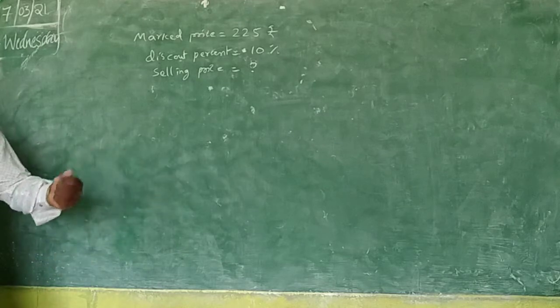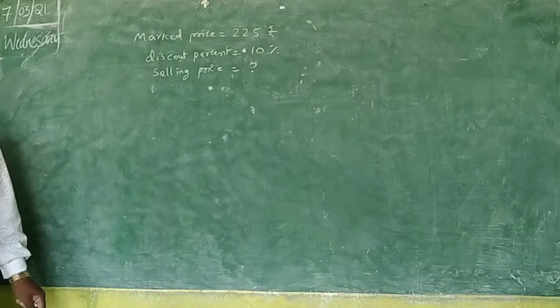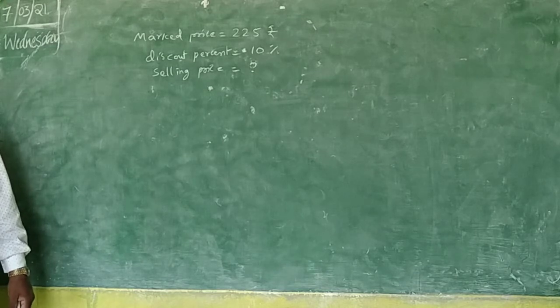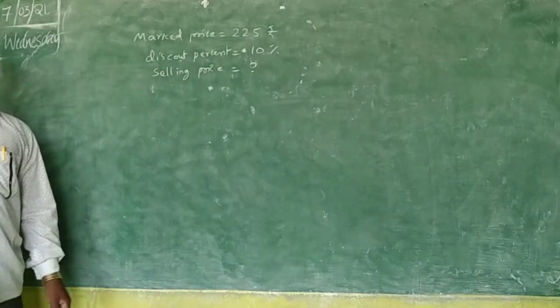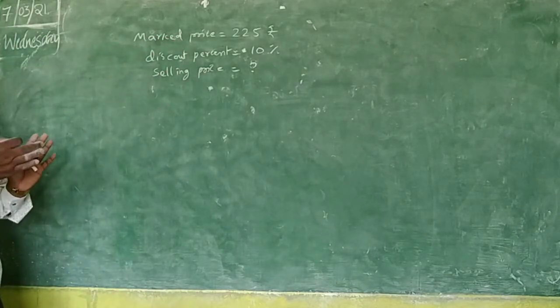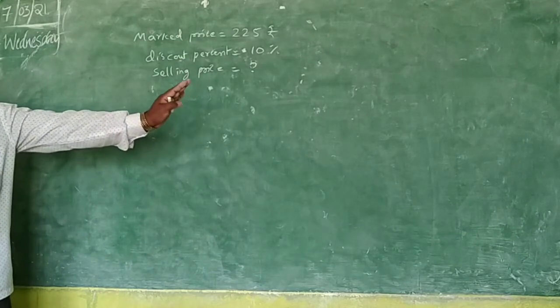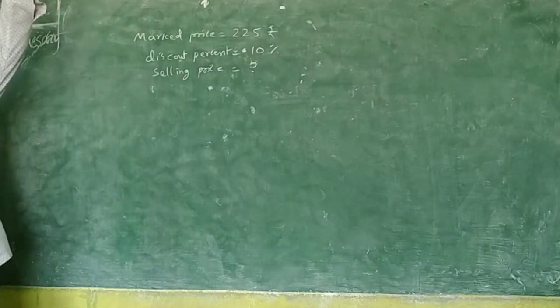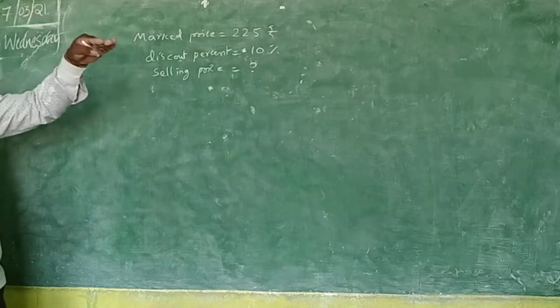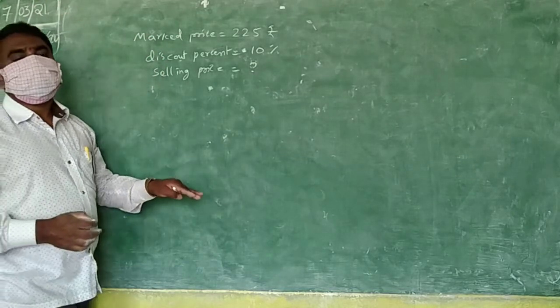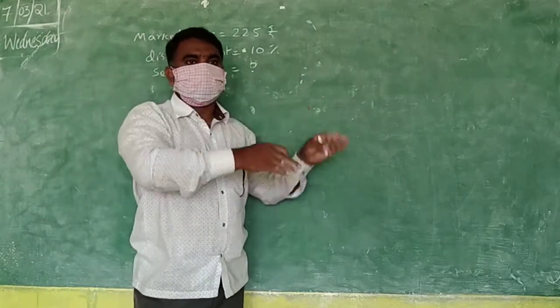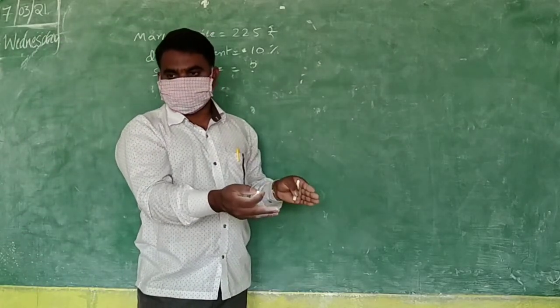Just now we have already discussed that there are headings. Now what are the headings? Market price, selling price. Because we know the market price, you have to find the selling price now. Which comes first? Market price first, selling price next. You know the process, no? First cost price, after cost price market price, after market price selling price. In some problems market price is not there, then cost price and selling price are there.